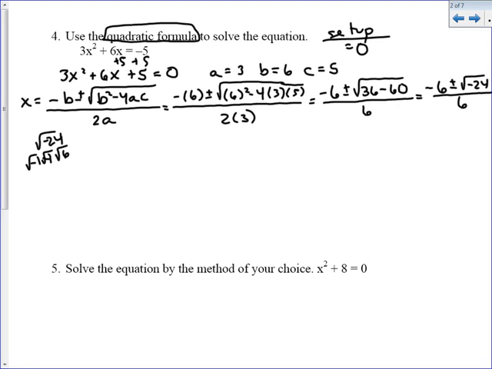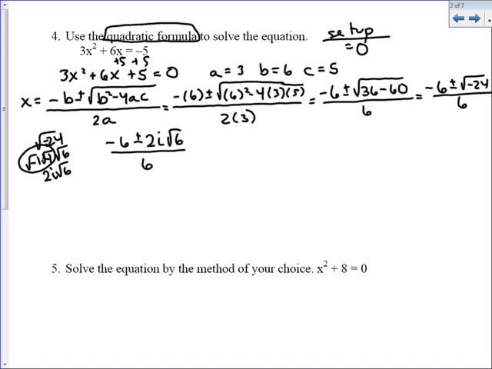So that square root is going to get replaced with 2i square root 6. That's back from unit 3. Square root of negative 1 is imaginary, square root of 4 is 2, square root of 6. So if I put that back in, I have negative 6 plus or minus 2i square root of 6, over 6. Is there anything else I can do to simplify this?